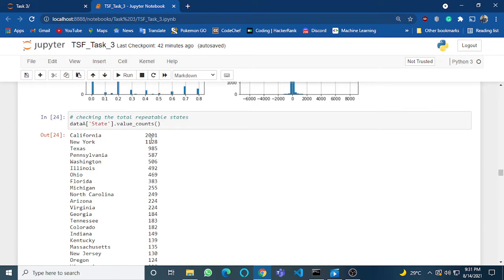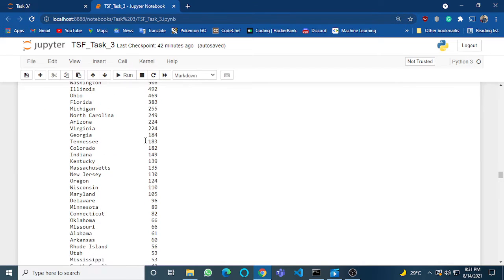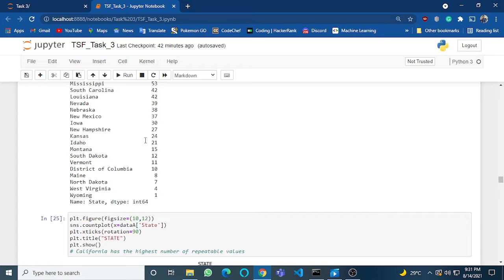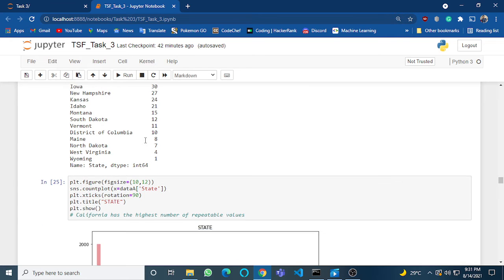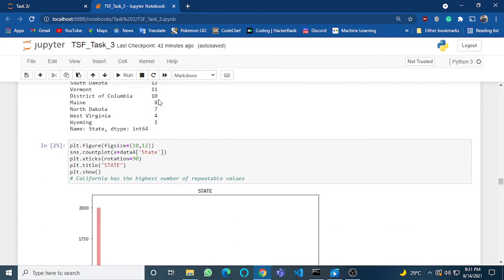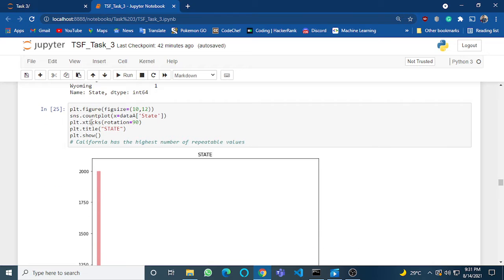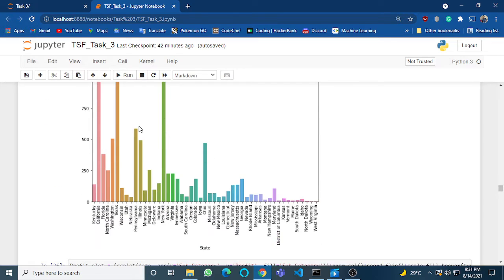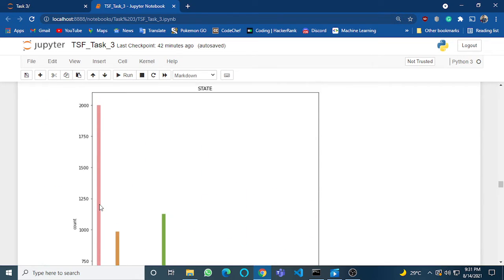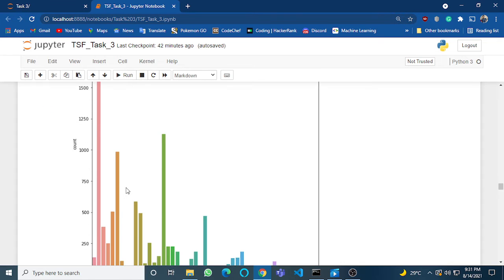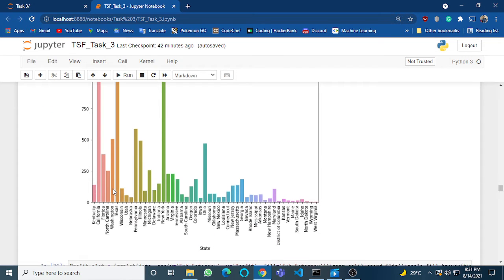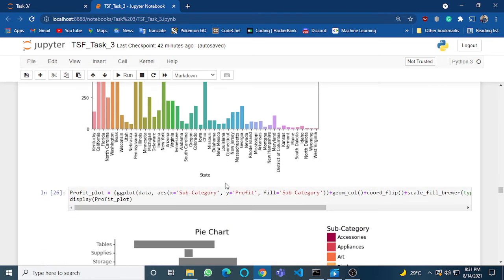This number suggests that these are the repeatable states in our plots. Plotting this data, it can be observed that California has the highest repeatable values, next Washington, next New York, and so on.